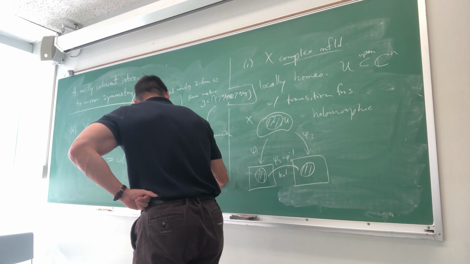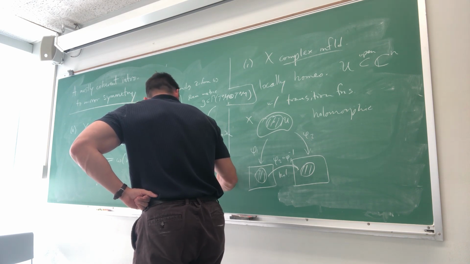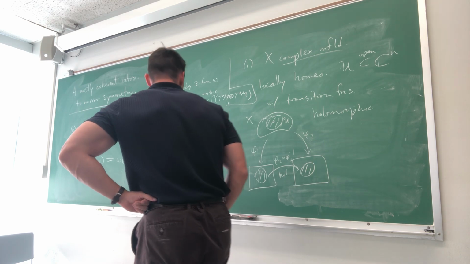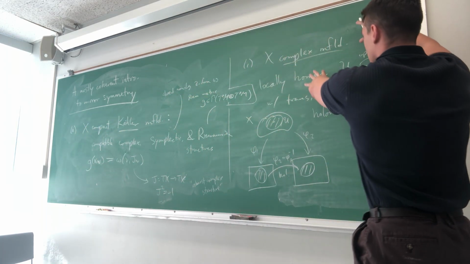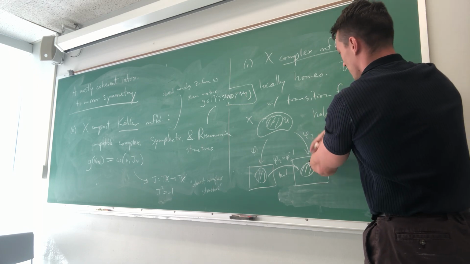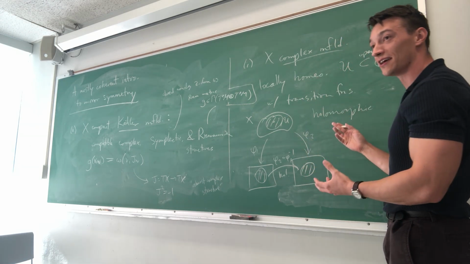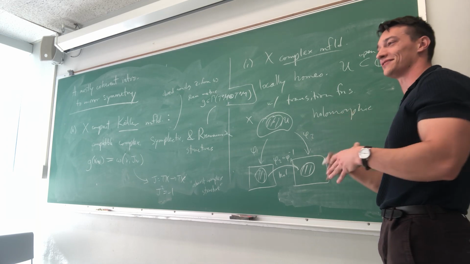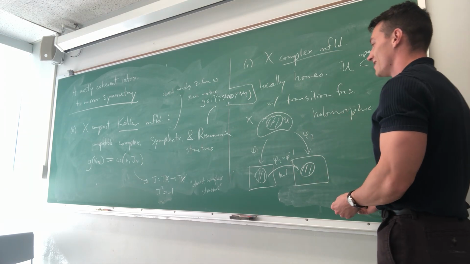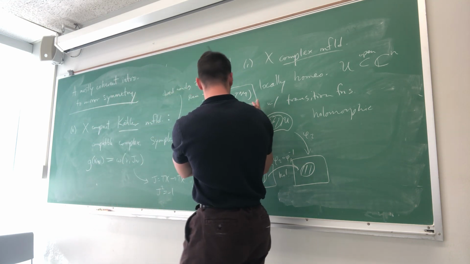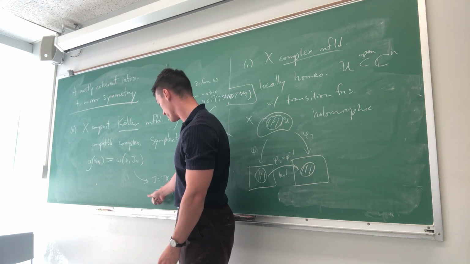I'm doing things a little bit out of order or messily here. But the point is that any such complex structure, of course, we know if our manifold locally looks like Cn, it makes sense on the tangent space to multiply by i. This is a slightly more general notion because on a real or smooth manifold, we might have such a map.